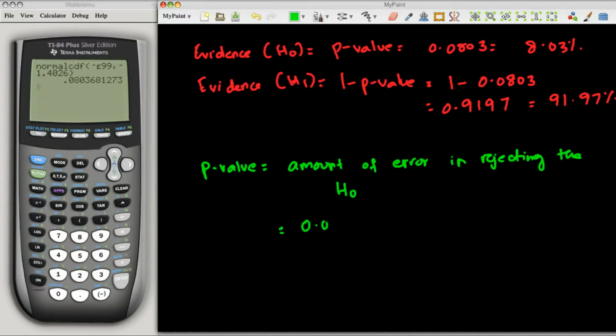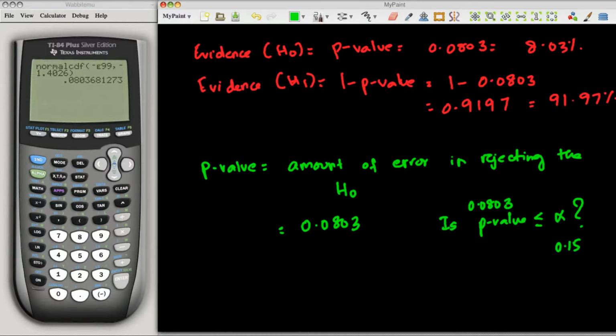So if I rejected the null in this problem, which is what I chose to do, the error is 0.0803. And I'm asking a question, is this value less than the level that I set? Is this p-value less than or equal to the amount of error that I set at the beginning? So what I got from the data was 0.0803. What I set is 0.15.